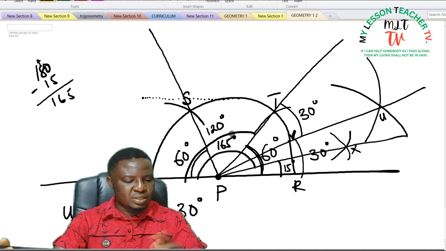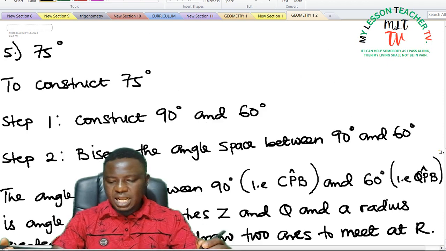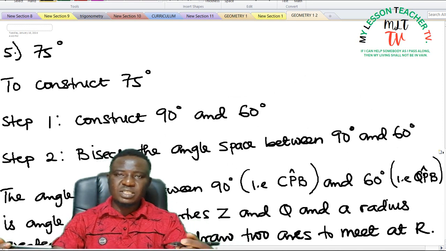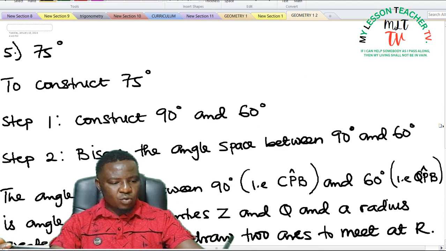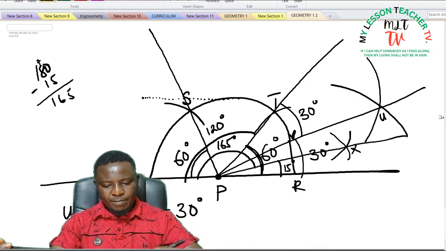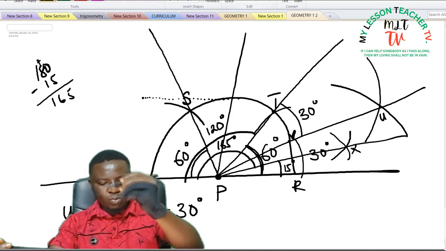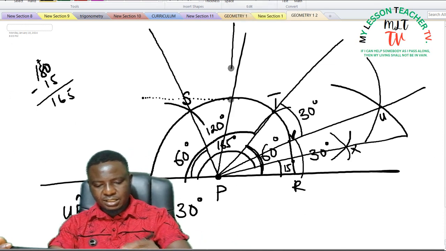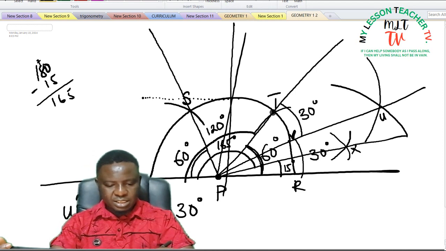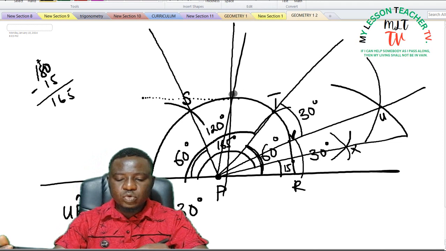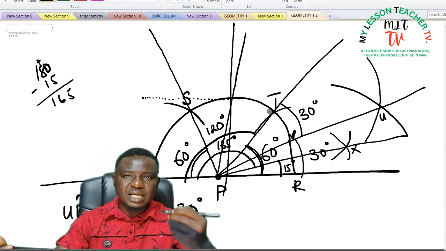We shall then look at how to construct angle 75 degrees. Angle 75 degrees is an angle that falls between angle 60 degrees and angle 90 degrees. If this is 90 degrees and this is 60 degrees, angle 75 is in between 60 and 90 degrees.